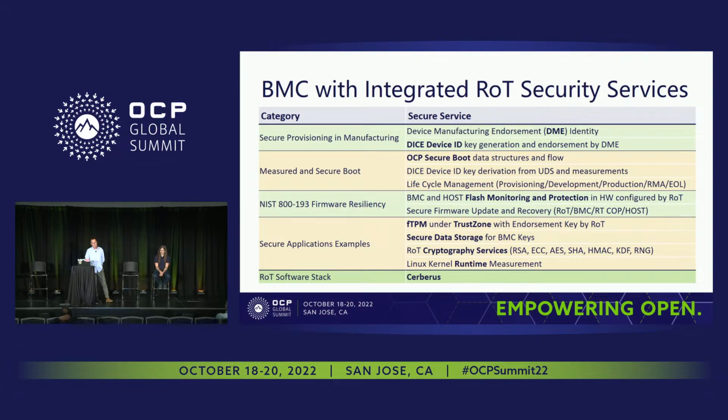The services provided by the TIP to the BMC and by the BMC to the system would include, as mentioned, the secure provisioning in manufacturing, starting from device manufacturing in our manufacturing, to endorse the device, the manufacturing endorsement. We would use this static key, which would not change.